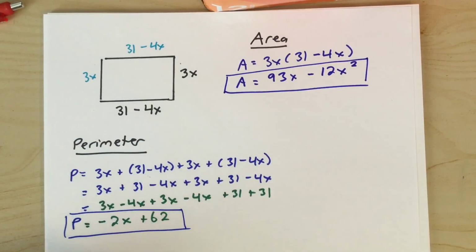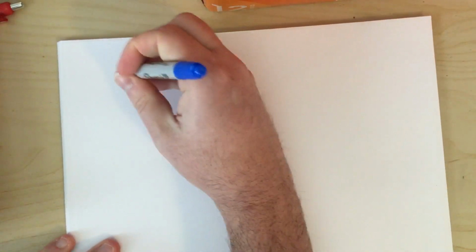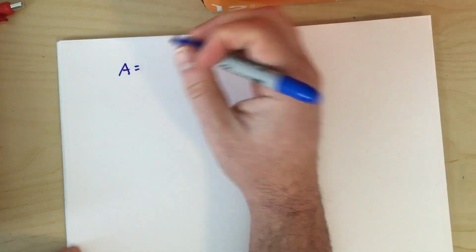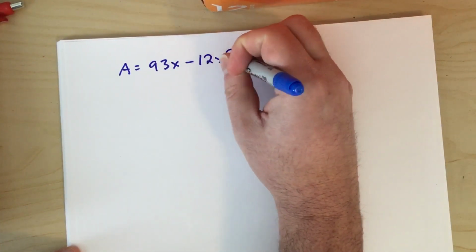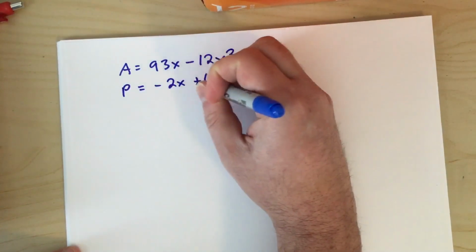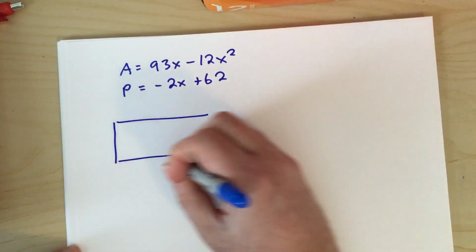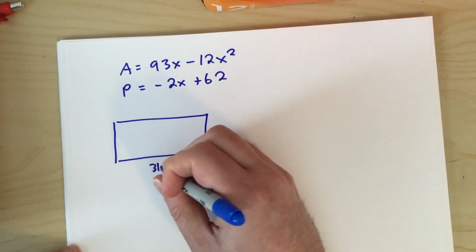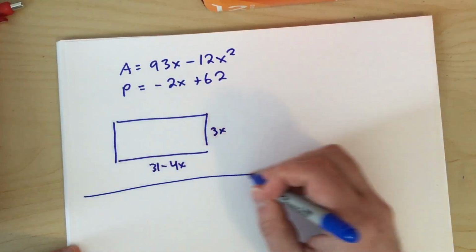Okay, let's just quickly summarize these things. The area was 93x minus 12x squared. The perimeter was minus 2x plus 62. And the rectangle looked like 31 minus 4x and 3x.